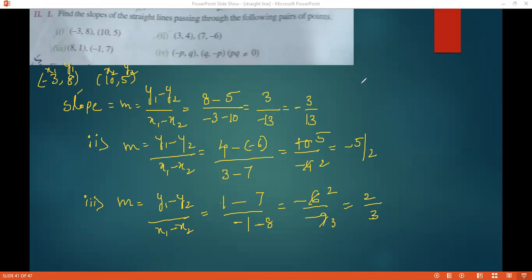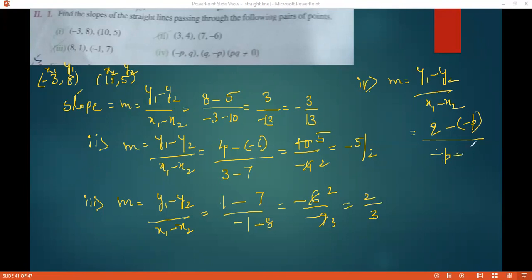Next, the fourth part: the points (p, q) and (-p, q)... with pq not equal to 0. m = (y1 - y2)/(x1 - x2), the same formula. That is y1 is q minus y2 is -p, by x1 is -p and x2 is -p.